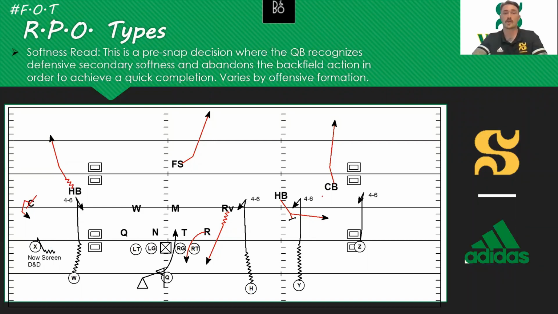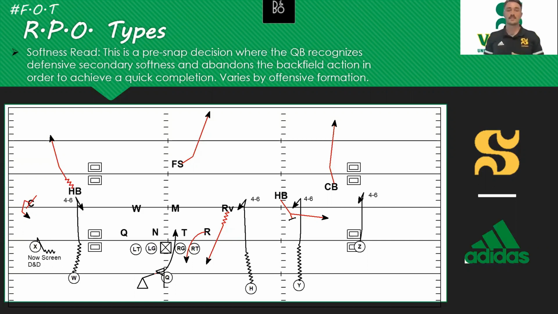This is also another great alternative option if you have a run scheme, inside zone, and let's say you develop a run game scheme where you demand your receivers to pick up blitzers off the outside edges of the box, and they're doing a poor job.